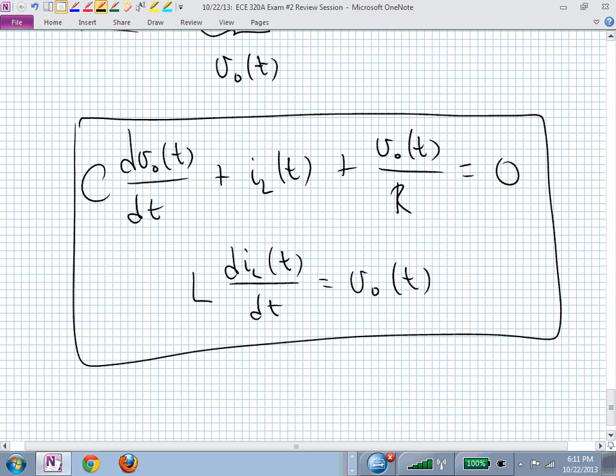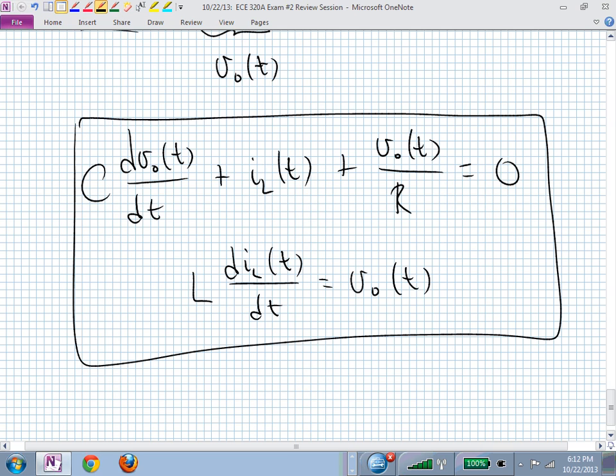You could, so the question was, can I go the other way? Can you now rewrite the equation in terms of the inductor current? And you could. It's just that I was asking at the very beginning to find V naught of t, so I'm wanting to maybe write this in terms of the output voltage across those three elements. But you could rewrite that in terms of I sub L of t.